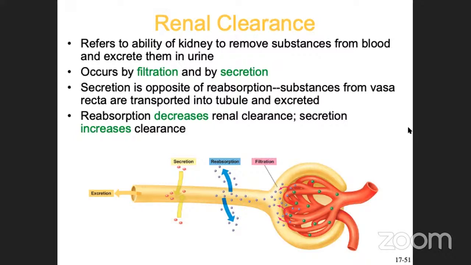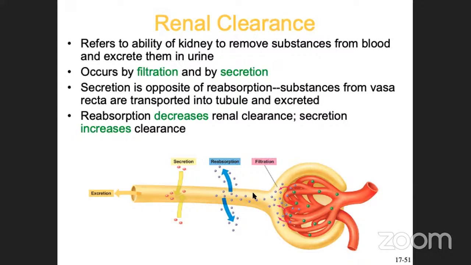All right, again, this is another feedback mechanism. There are some parts of the tubules that reabsorb water, sodium, or important molecules. At some point, towards the end of the tubules, most of them are secreted back into the kidney tubules, right? So this is very interesting.